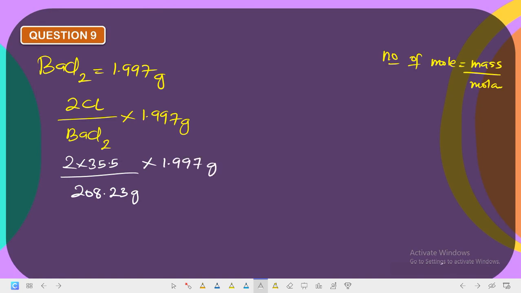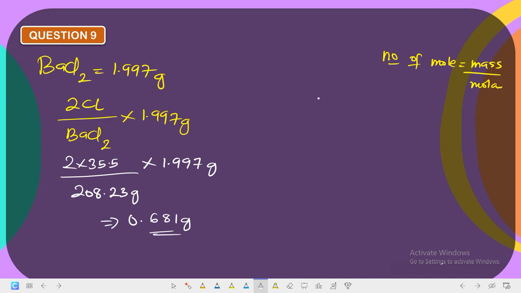When you multiply this, it's going to give us 71 divided by 208.23 times 1.997, and that will give us 0.681 gram. So the mass of chlorine present in barium chloride is 0.681 gram.